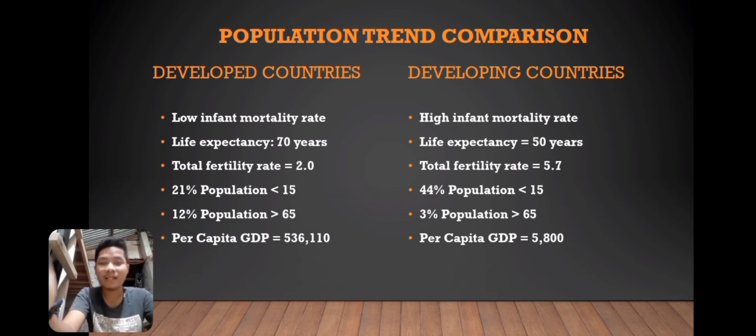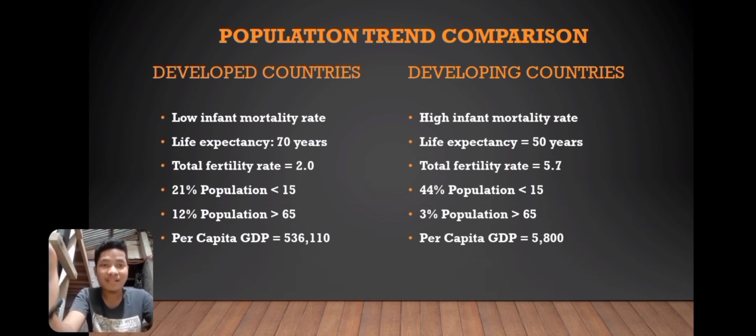Now when we say mortality rate, this refers to yung bilang ng mga bata na namamatay sa pagpapanganak pa lamang. In developed countries, it has low infant mortality rate, while the developing countries such as India, Bangladesh, Afghanistan, and the Philippines have a high infant mortality rate. Maraming bata na namamatay dito sa pagpapanganak pa lamang.